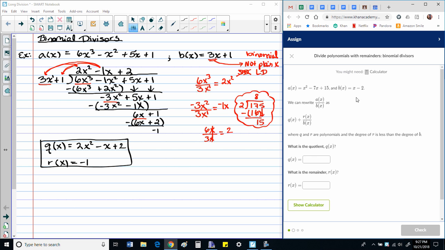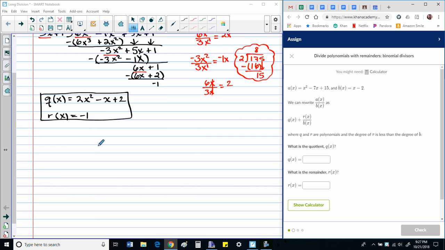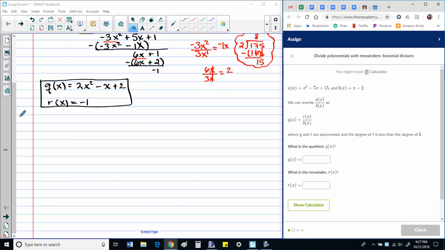Okay, now with this next question, see how that's a plain x? So that's actually going to be synthetic division, all right? So let's write that one. It says a of x is x squared minus 7x plus 15, and b of x is x minus 2.